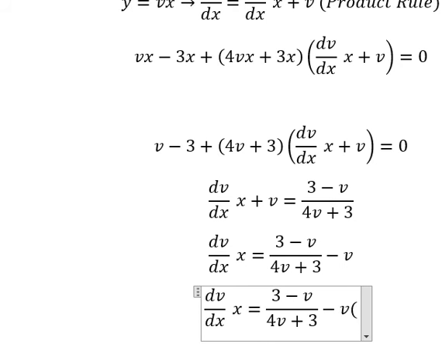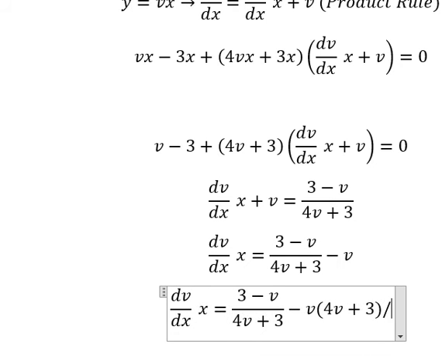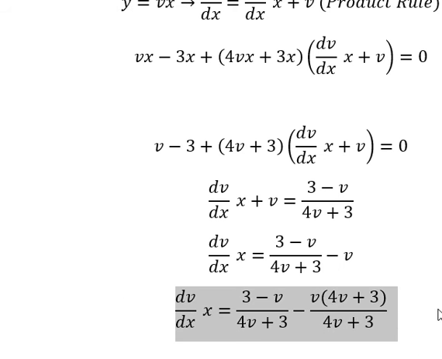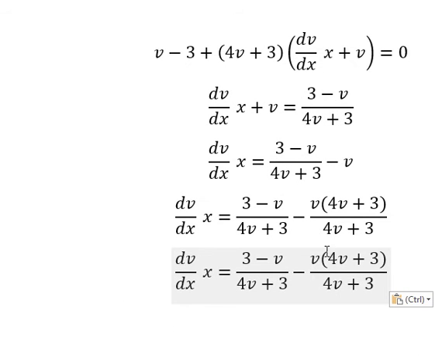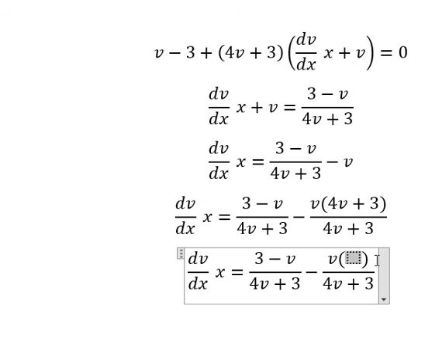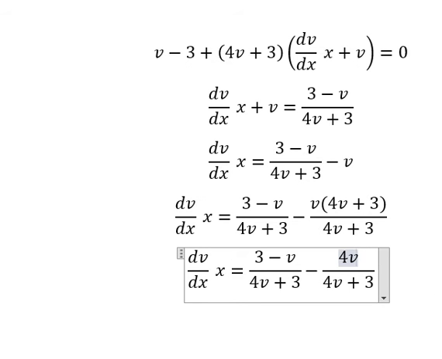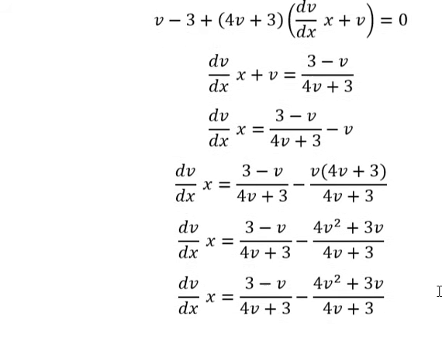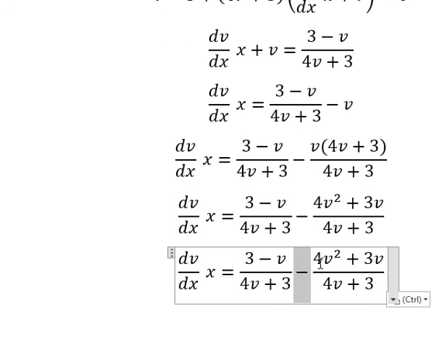This one we do common denominator. So we have v multiplied by this one. So this one we change the sign of this one.